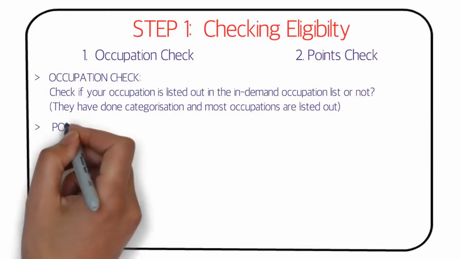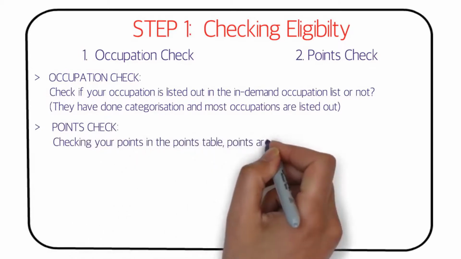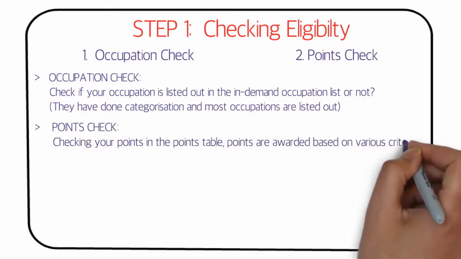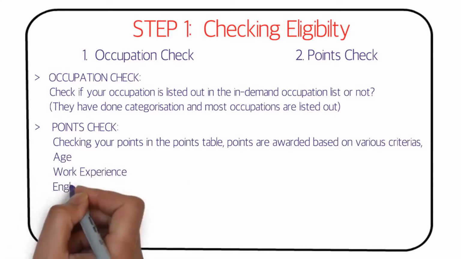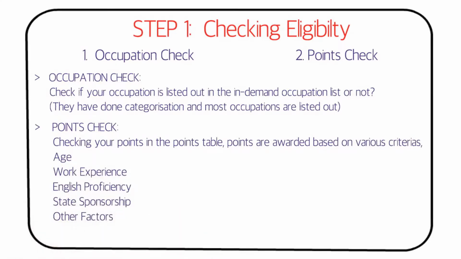The number two is points check. Now you have to check your points in the points table. Points are awarded based on various criteria like age, your work experience, your English proficiency, the state sponsorship, or other factors as well. So you have to calculate your points and check whether you reach the minimum.